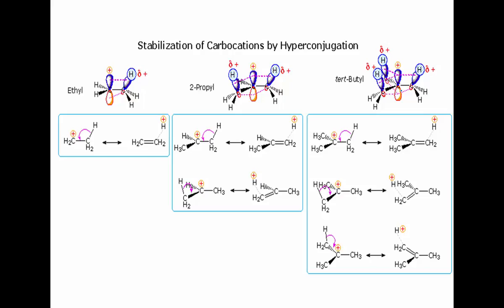Okay, here's a picture that I just lifted from the textbook. It's just showing some hyperconjugation interactions. Here's ethyl cation versus isopropyl cation versus t-butyl cation. They actually make the intellectual leap that this is starting to look like a protonated alkene or a protonated CC double bond. They use the resonance arrow.